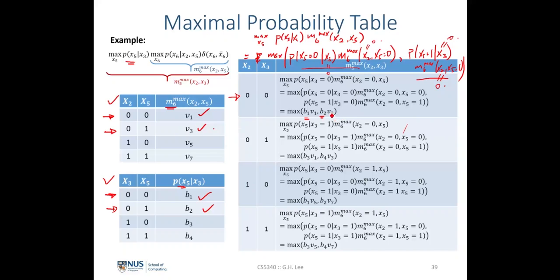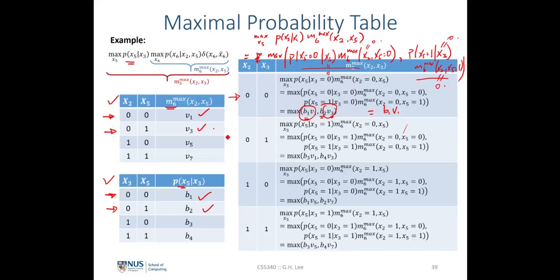So we'll get these two terms. And now the maximization operator over x5 simply means that I'm going to choose the maximum between these two and write the value. Now suppose that b1 v1 gives the maximum value, then this would be equal to b1 v1, for example.